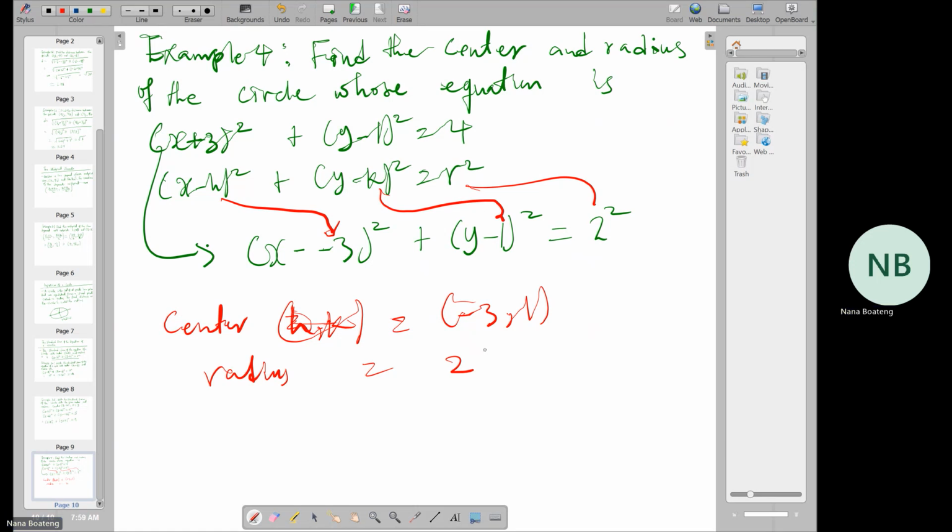So, okay, this is how we find the center and radius. So let's look at another example.